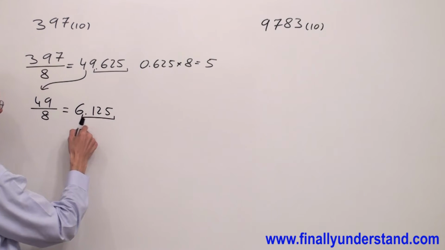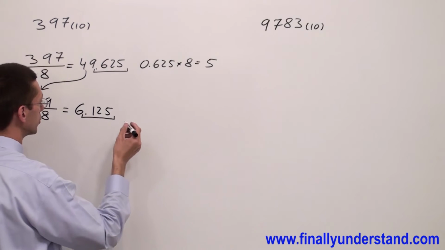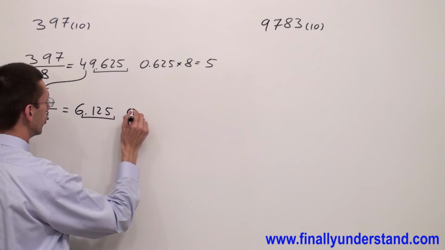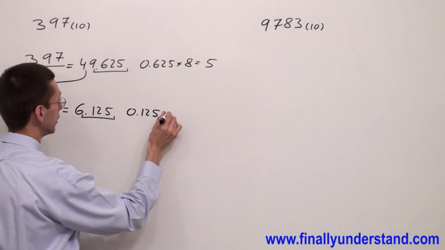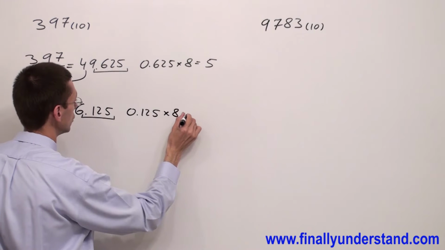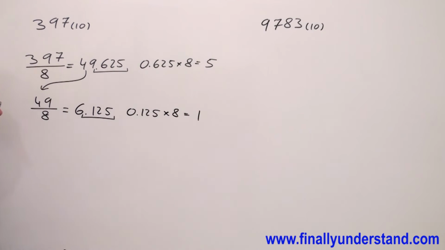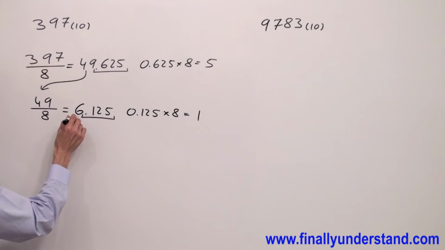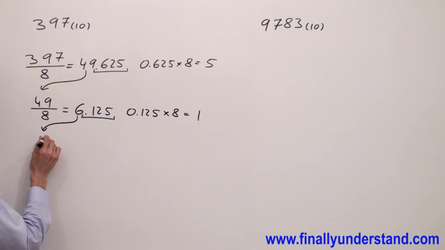fractional part of this number and multiply by 8. So I have 0.125 times 8 is equal to 1. Let's continue. We have this times 6 over 8.